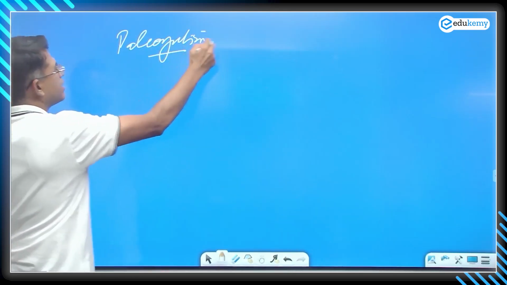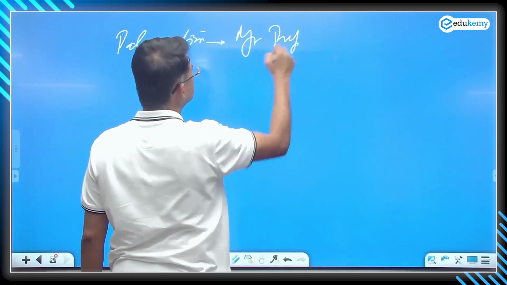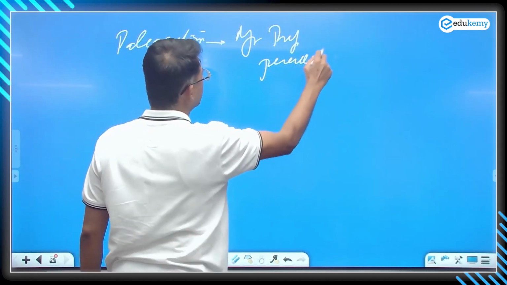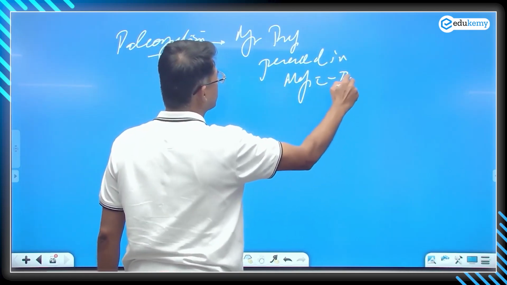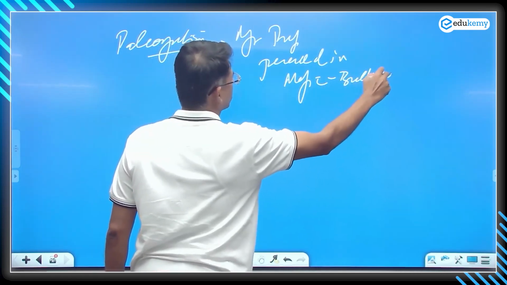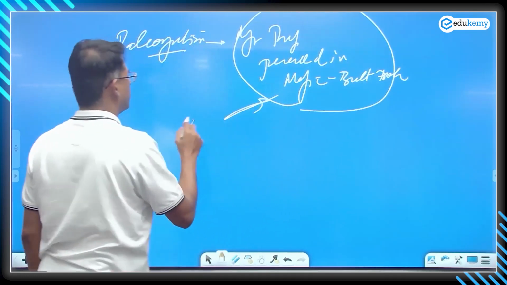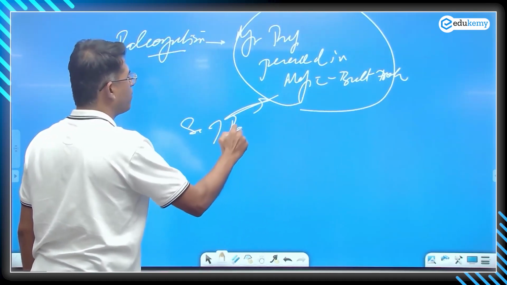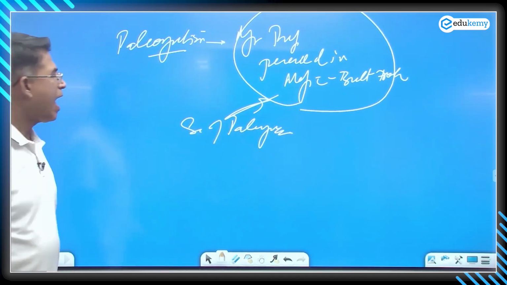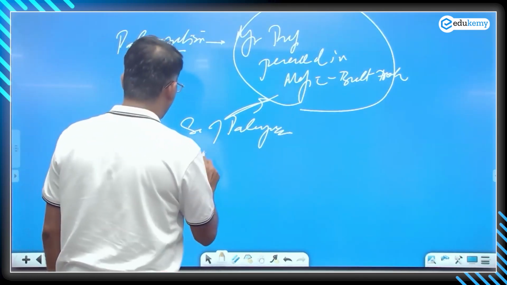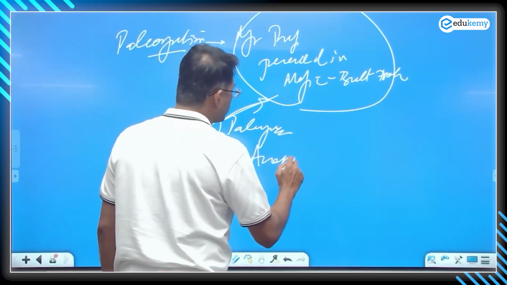paleomagnetism is essentially the magnetic properties preserved in the mafic, in the basaltic rocks. This is the basis of the science of paleomagnetism, and the conclusions we draw are based on the anomalies.